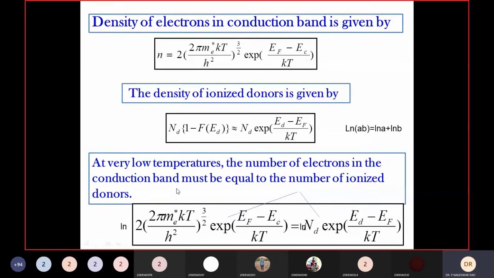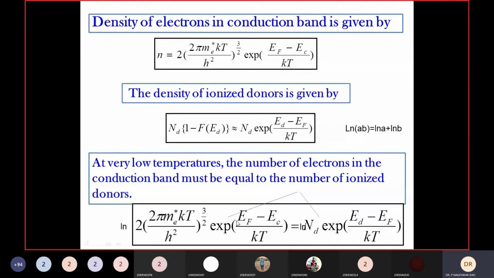That's why we are equating both equations, and we will apply the logarithm on both sides. If you apply the logarithm on both sides, here we have a into b, the log of a into b.